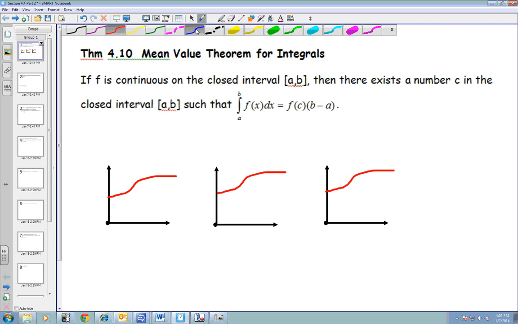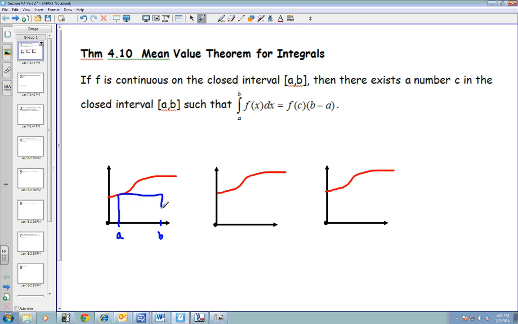When we first started doing area under the curve, I have a closed interval from a to b. Here's my closed interval. I can use a rectangle to try to estimate the area under that curve. This is an LRAM, where the left-hand side of my rectangle is touching.